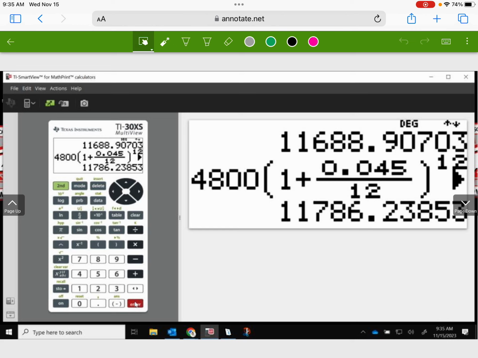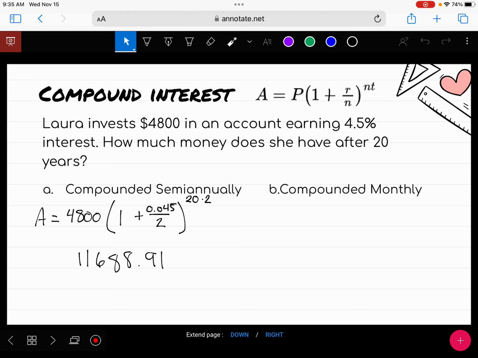And we get $11,786.24. Yes, they should both have dollar signs.